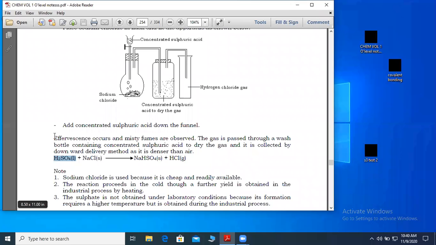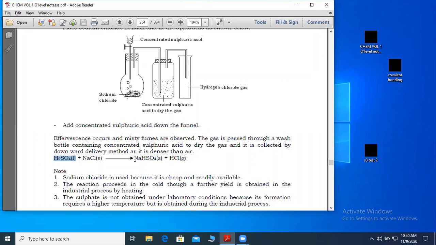Here we are using sodium chloride, and we can also use potassium chloride. Sodium chloride, which is in solid state, plus concentrated sulfuric acid, the product, I repeat, when we are preparing hydrogen chloride, is hydrogen sulfate.